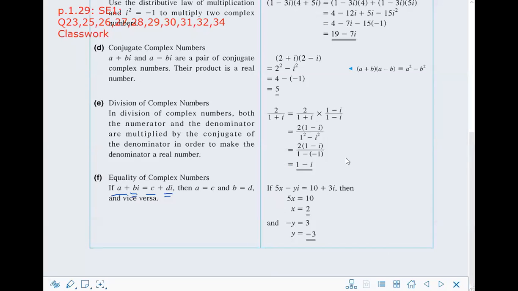Today in the first lesson, I would like you to do a lot of classwork, a lot of calculations about the operations of complex numbers that we have learned in the last few days. This is from your textbook, supplementary exercise 1 on page 29. Please try to do questions 23, 25, and 26 to 34.